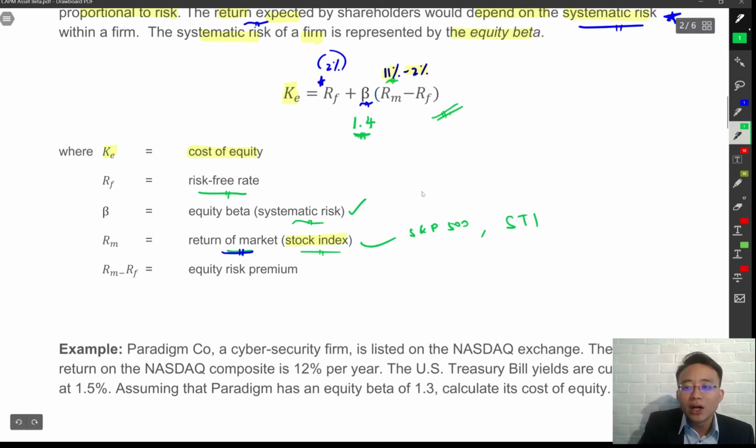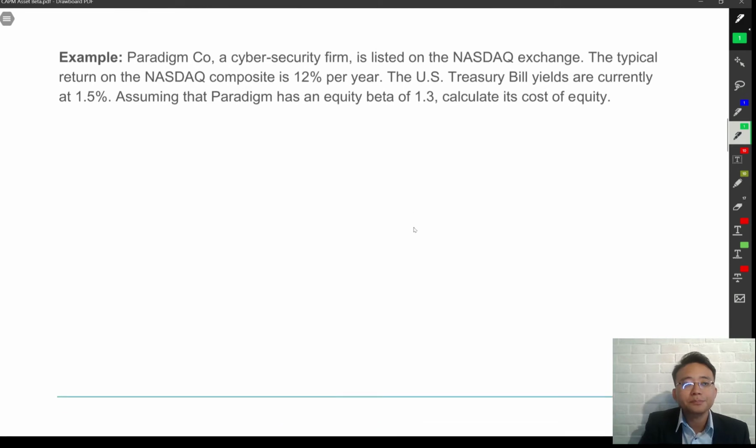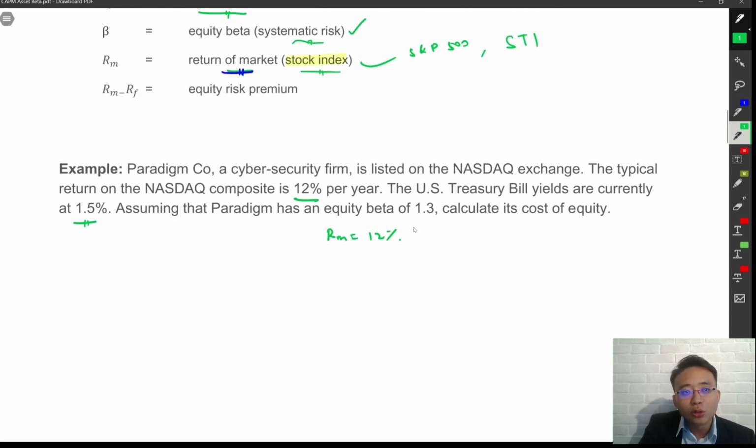How does it work in a question? Let's quickly go down to a question here. Paradigm Co., a cybersecurity firm, is listed on the Nasdaq exchange. The typical return on the Nasdaq is 12%. So I have my return on market. The US Treasury bill yields are currently at 1.5. Now, with this, it's easier to look at the variables.